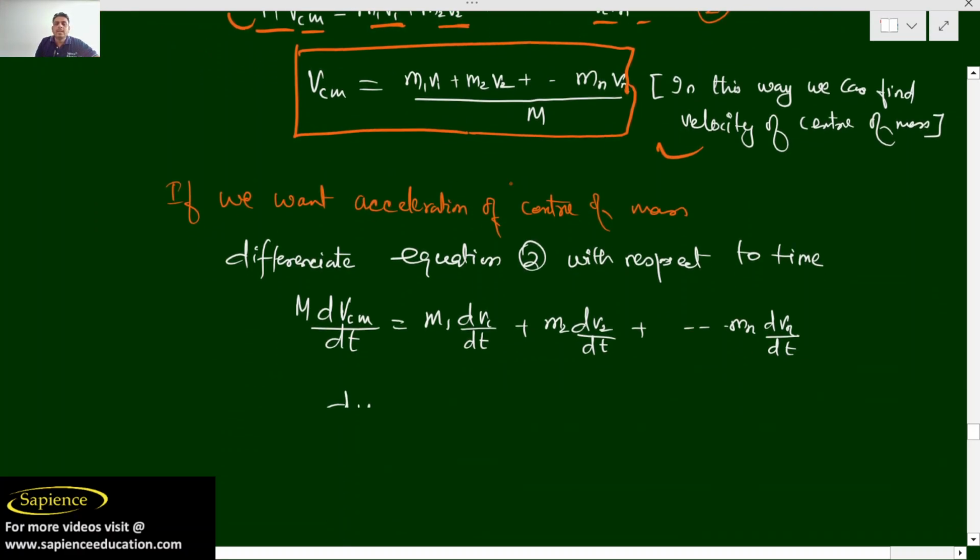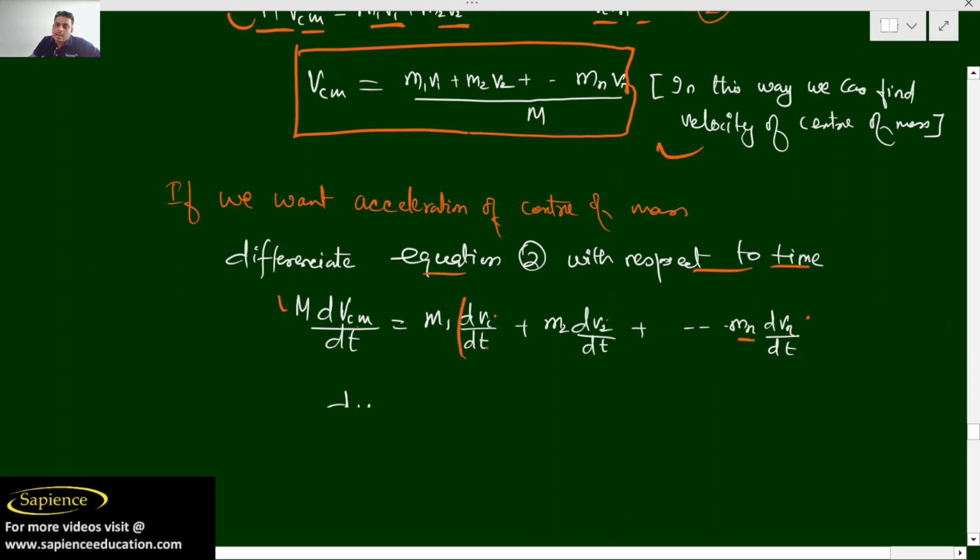Now if we need the acceleration of the center of mass, how will you find it? Again the same equation, differentiate it with respect to time t. So what will we get? M d(V_CM) by dt equals M1 dV1 by dt plus M2 dV2 by dt dot Mn dVn by dt.